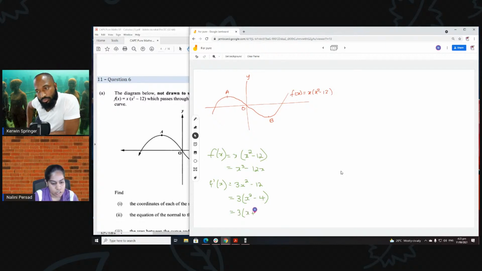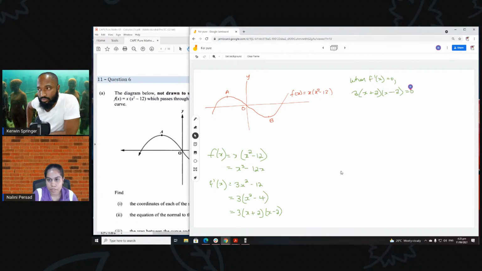So you get 3 times x plus 2 times x minus 2. Right, so stationary points occur when f prime of x is equal to 0. So when f prime of x is equal to 0, we're going to find the values of x. So 3 times x plus 2 times x minus 2.